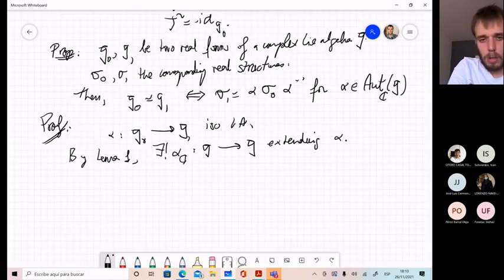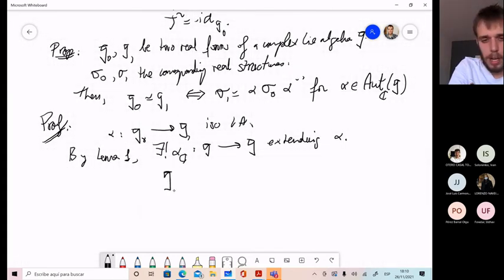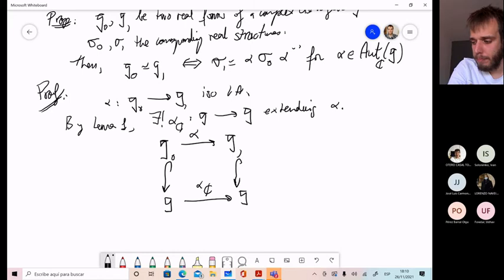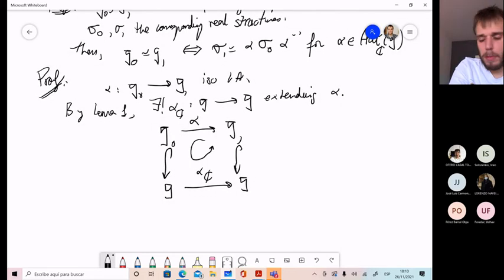Okay, so we have the following diagram: g1, this is a real form, this is inside g, this is inside g, alpha, alpha C. And this diagram is commutative.